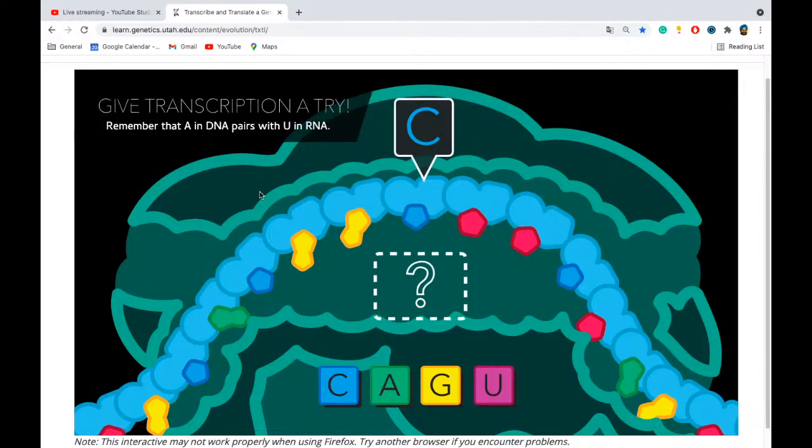So C will produce which one, students? Tell me.